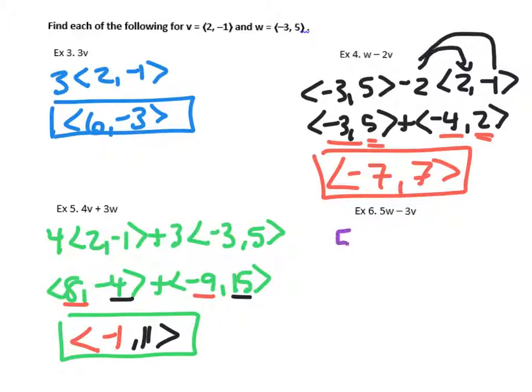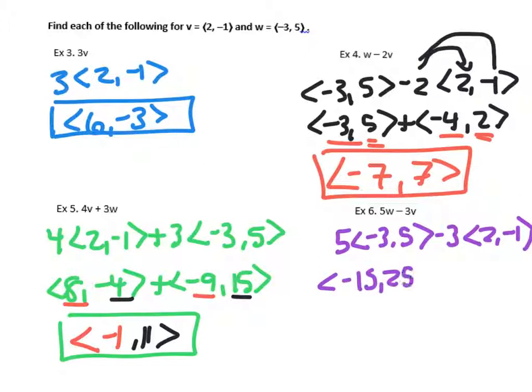Last one, 5 times my w minus 3 times my v. So that's -15, 25 plus -6, 3. -15 plus -6 gives me -21. 25 plus 3 gives me 28.